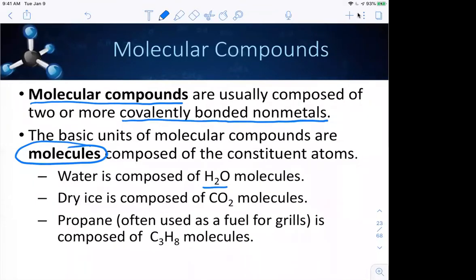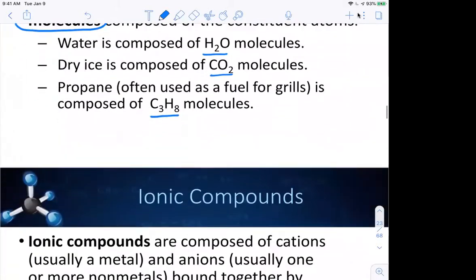Dry ice is composed of carbon dioxide, which is CO2 molecules. And propane has a molecule that has 3 atoms of carbon and 8 atoms of hydrogen bonded together. So C3H8 is its molecular formula.